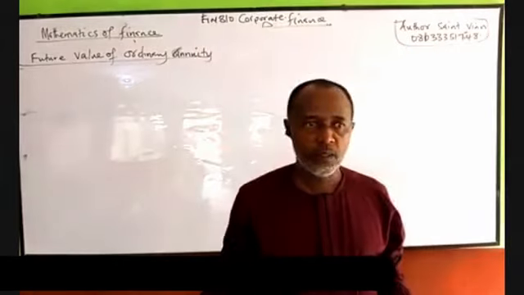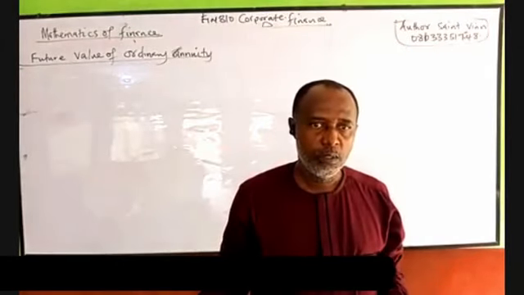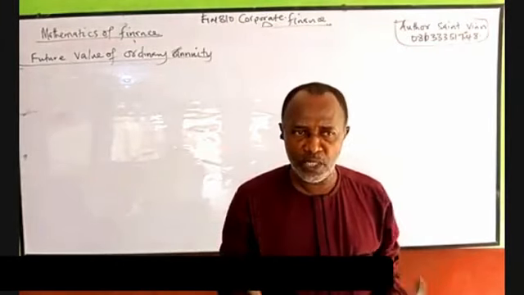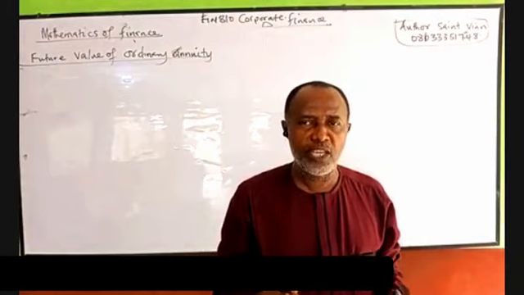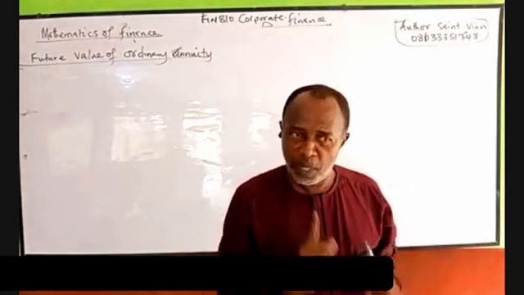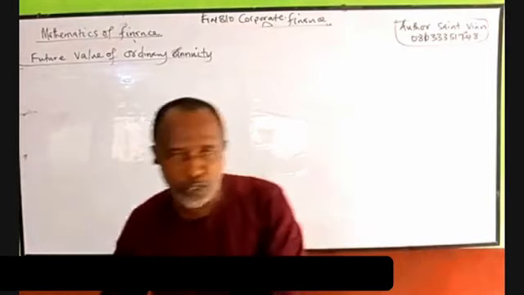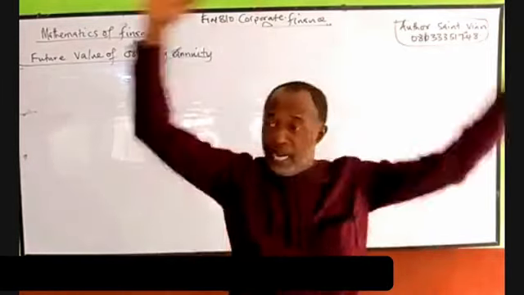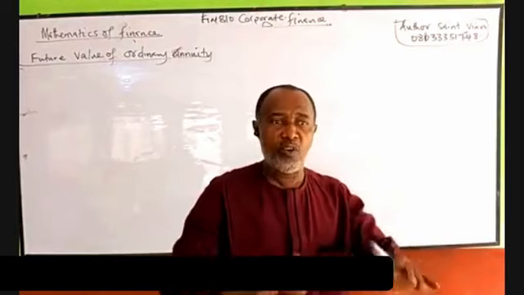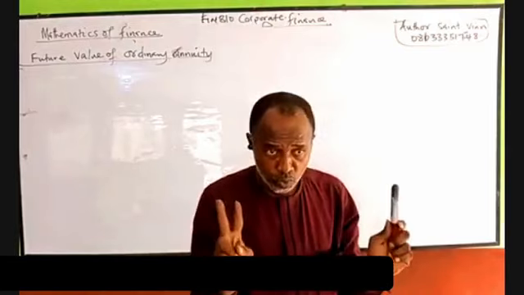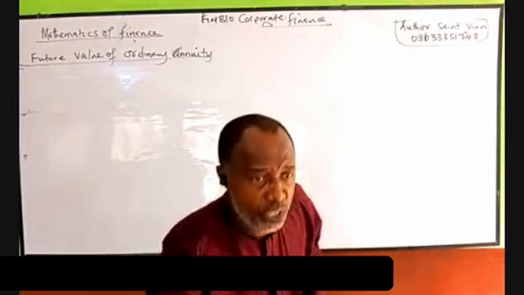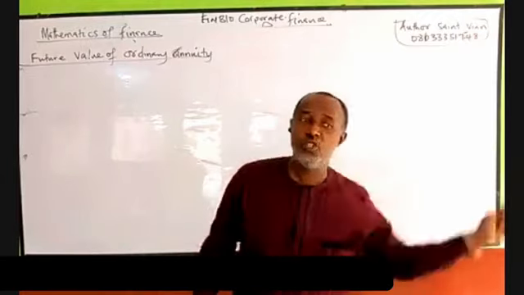We have to define annuity. You can't just say future value of annuity. You must tell us the one you're looking at. It's either going to be ordinary or annuity due. Annuity is general. Are you following? So annuity is divided into only two: one is ordinary annuity, the other one is annuity due.